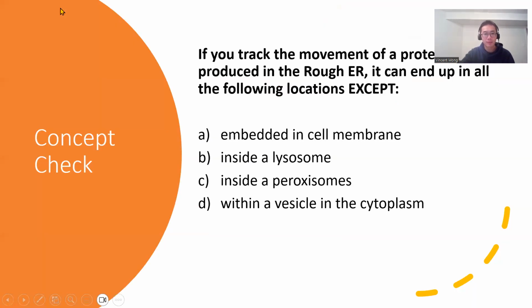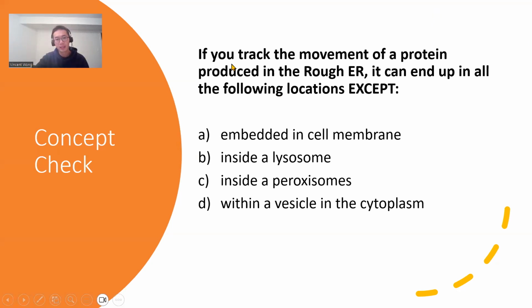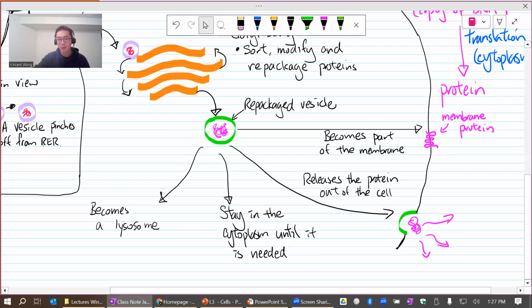Here's another question. If you track the movement of a protein produced in the rough ER, it can end up in all the following locations except... So if you look at the notes that we took, like this one that we drew, where does this thing go? Well, it can become part of the membrane.